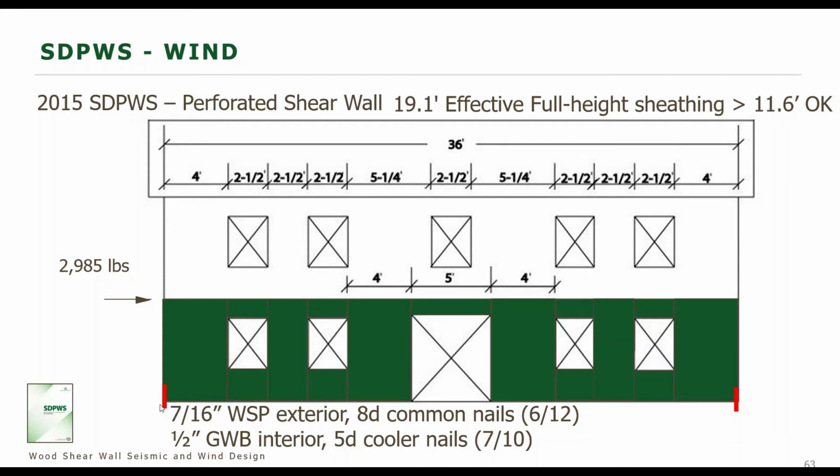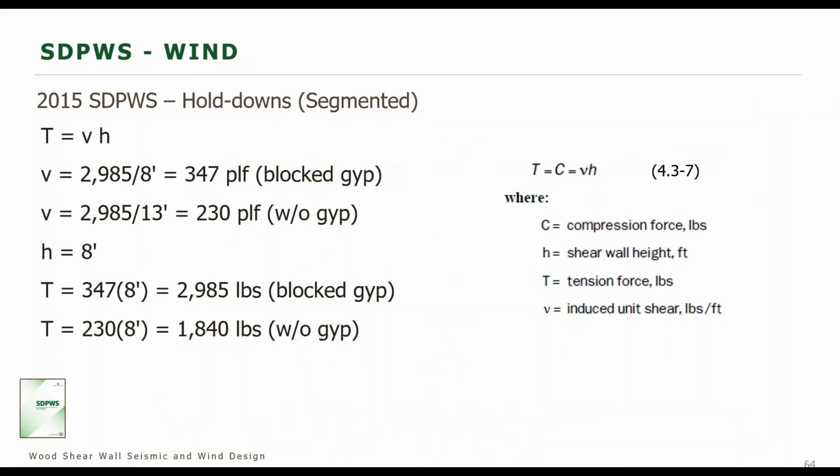We can calculate our hold down capacities now. So if we're calculating our hold downs for a segmented design, it uses T equals the shear times the shear wall height. So it's based on the actual induced unit shear, as opposed to the WFCM, which was based on the wall capacity. So for our wall with the block gypsum on the interior, we have our induced unit shear that we calculate.